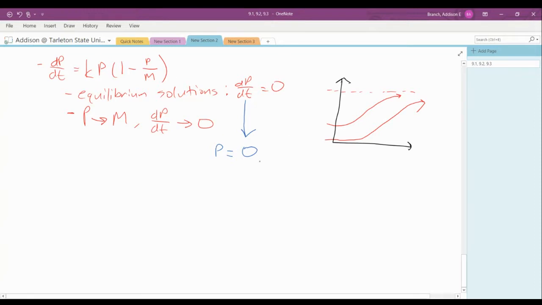The other place is when our population hits our carrying capacity. Once again, if you plug that into our equation, that's going to simplify out to 0. And at that point, once we hit our carrying capacity, we can't grow anymore. It's going to have to level out in order for us to maintain a population.